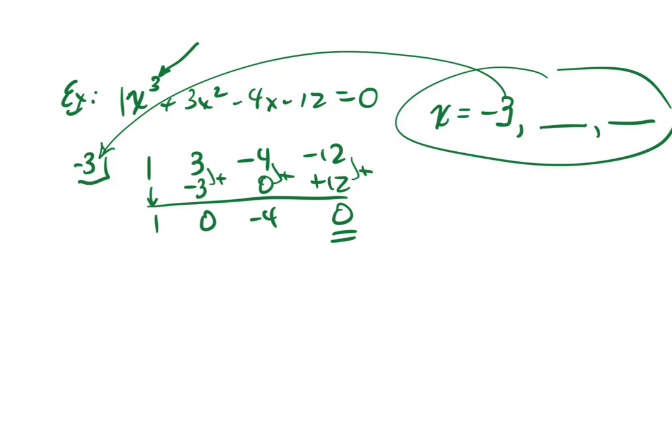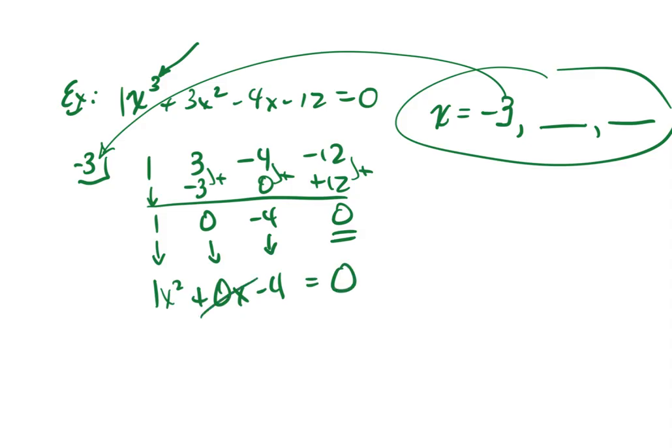And then when we write down what's left, again, it's called the depressed equation. Because we started with 3 solutions and we took 1 out, what we're going to be left with then has 2. So this is going to be 1x squared, 0x minus 4 is equal to 0.